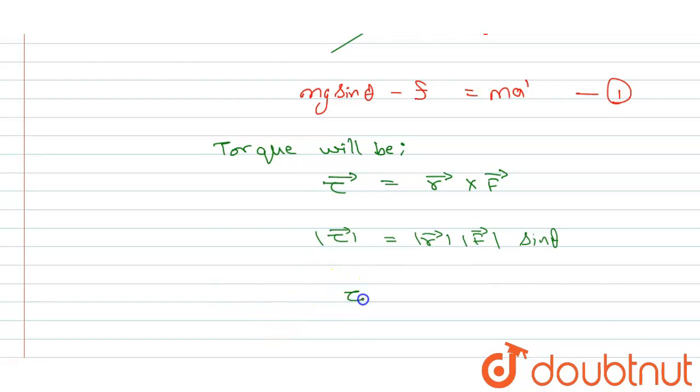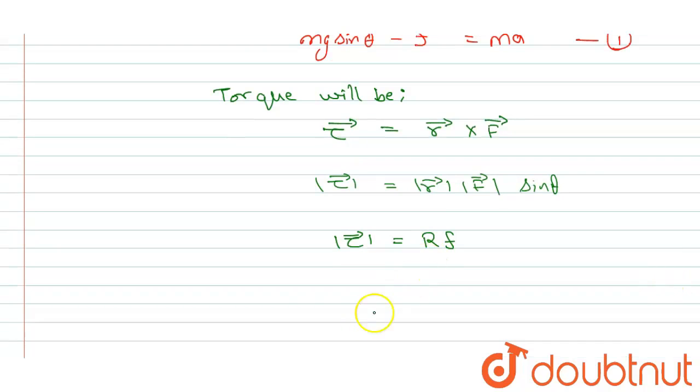So the torque will be equal to r times F, where r is the radius of the cylinder and F is the frictional force.